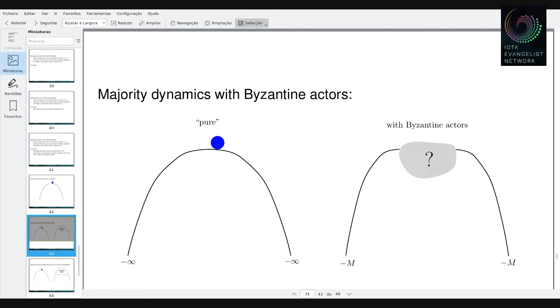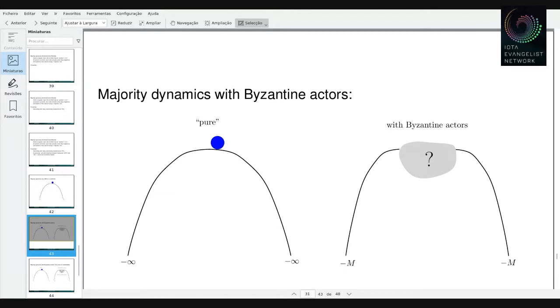If the proportion of honest nodes with opinion 0 is large, you will still go down like this, but it will not be minus infinity, but some big constant in absolute value, because Byzantine nodes can always say anything to them. But here it's in principle difficult to draw this potential, because this depends on the strategy of these malicious nodes.